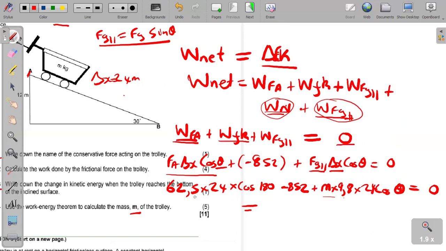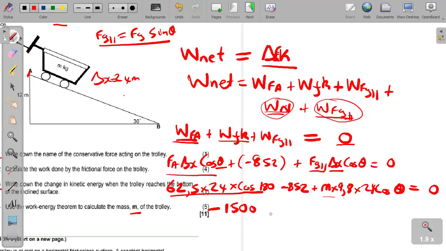Okay, so we first simplify the first part. In simplifying, 62.5 times 24 times cos 180 is obviously going to give us negative 1,500.